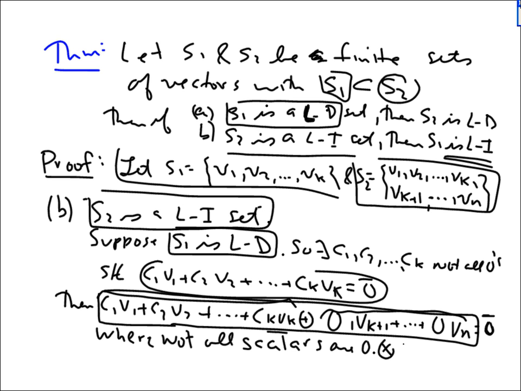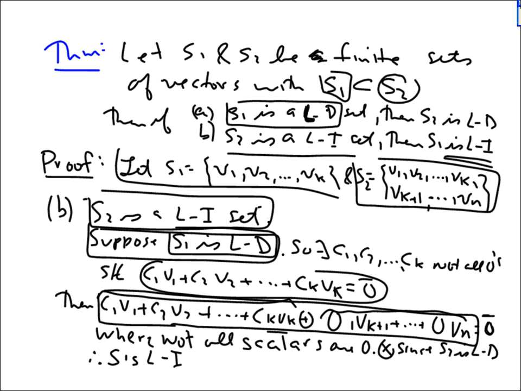This is a contradiction since S2 is linearly independent. The only place I could have made a mistake is here, when I supposed that S1 is linearly dependent. Therefore, S1 is linearly independent. It's one or the other, and if S1 is not LD, then it must be LI. There's no in between.